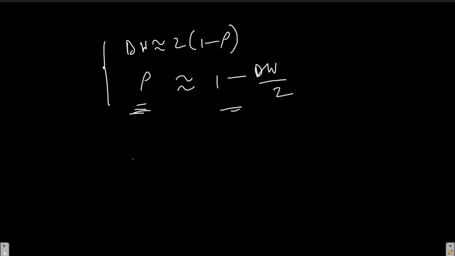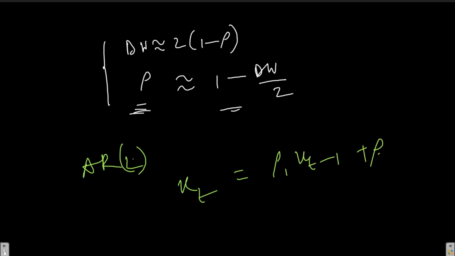But it could be, let me use a different color, an AR2 process, where my ut is nothing but rho 1 ut minus 1 plus rho 2 ut minus 2, plus some error term. Here I do not have a constant rho, I have rho 1 and rho 2. In this case, the simple formula may not work, so we have to do a little bit more iteration.